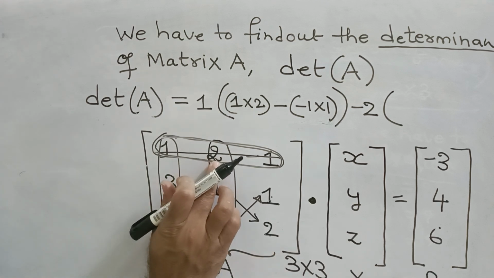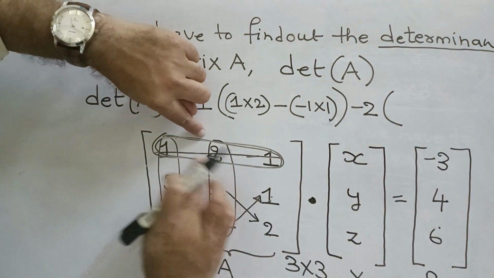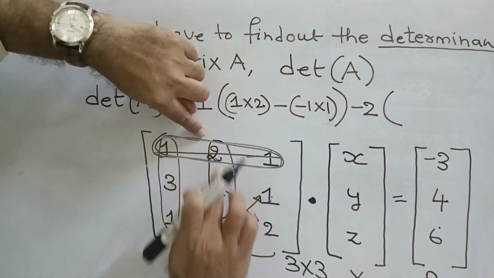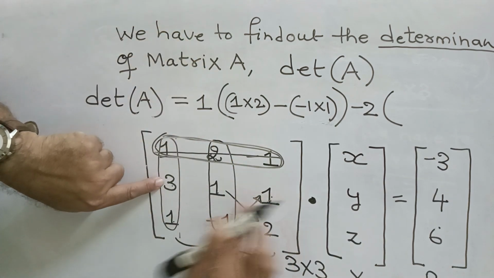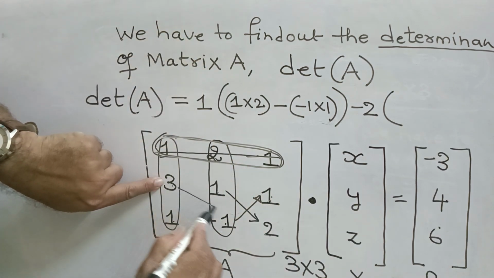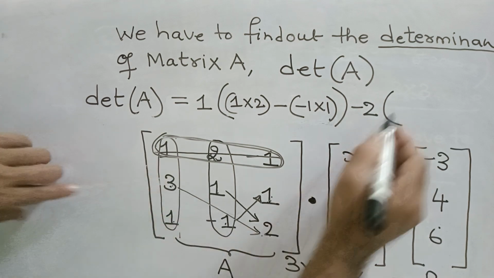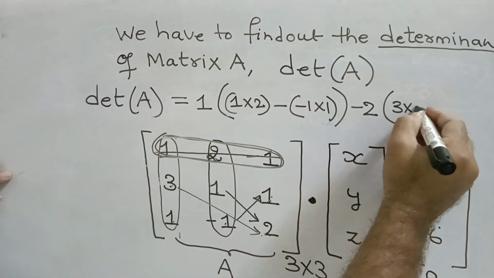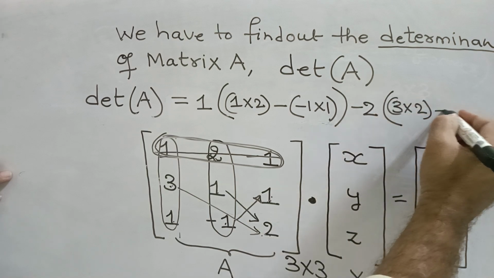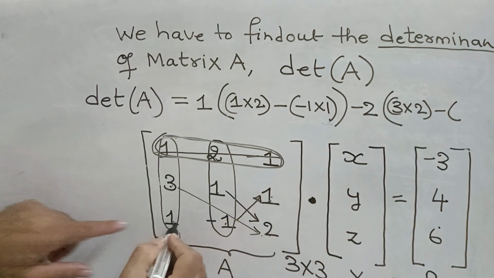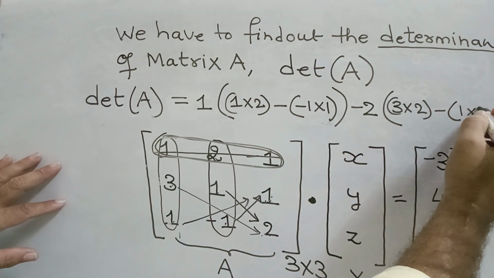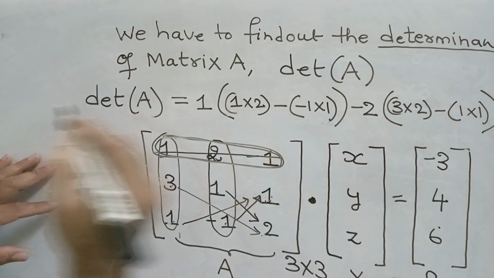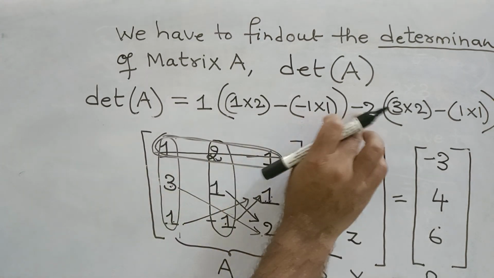Then take the multiplication like this, 3 into 2. Getting or not? 3 into 2 minus, you have to write minus, then 1 into 1. Clear? And consider that is the minus 2.